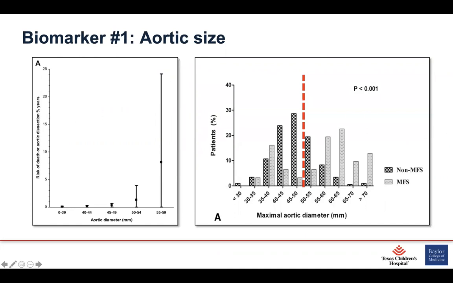However, when we look at those cutoffs, if we say, okay, well, we're going to cut off at 50 to 55, we really do miss a lot of aortic dissections. This is a histogram of aortic dissections by aortic dimension in Marfan and non-Marfan syndrome. So we know that while this cutoff is nice, we still miss a fair number of patients. So really not an optimal biomarker. We would hope that there's something else we can use to make these predictions more sensitive and more specific.